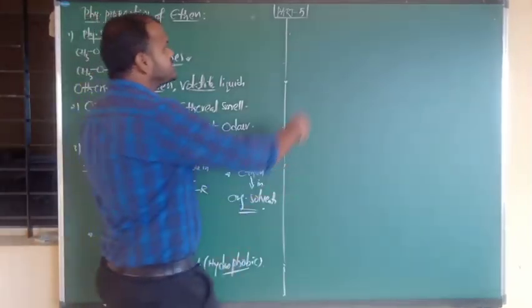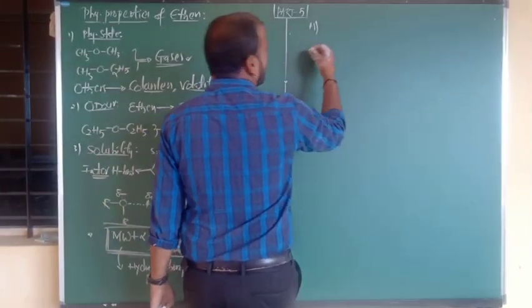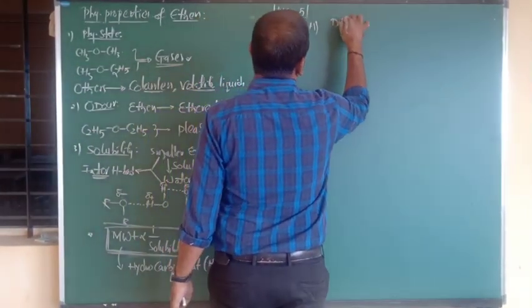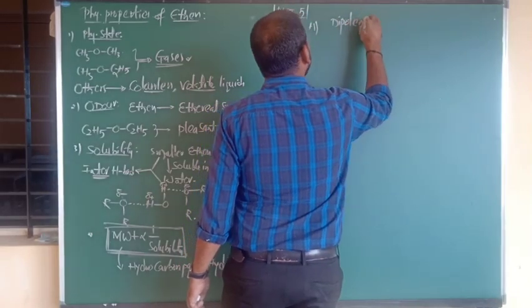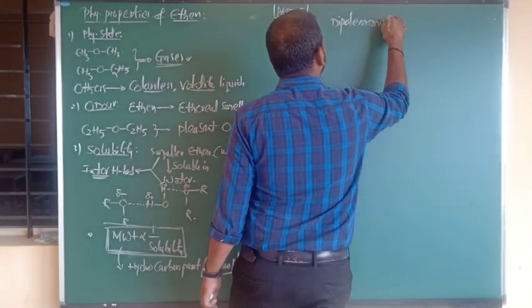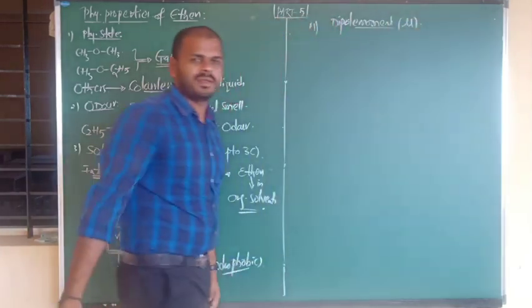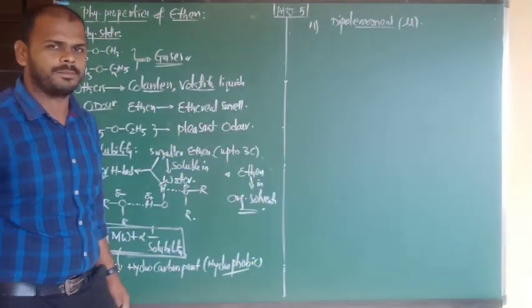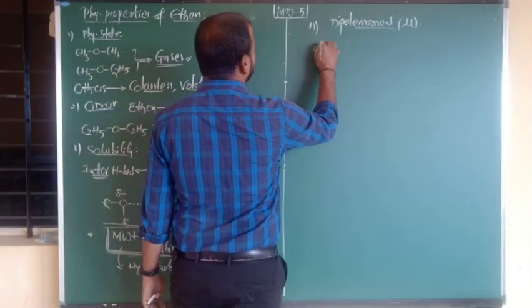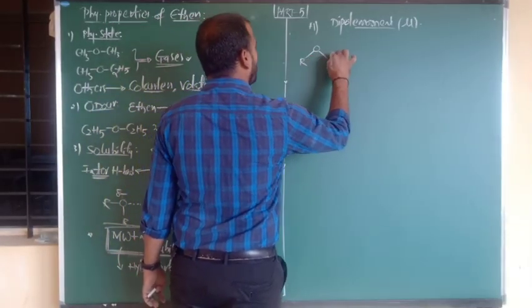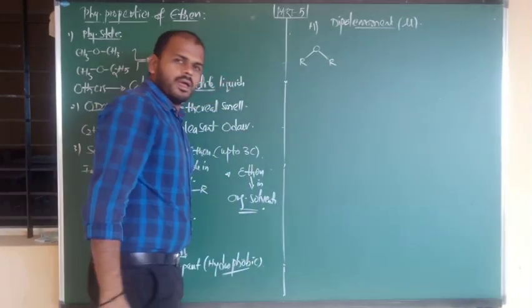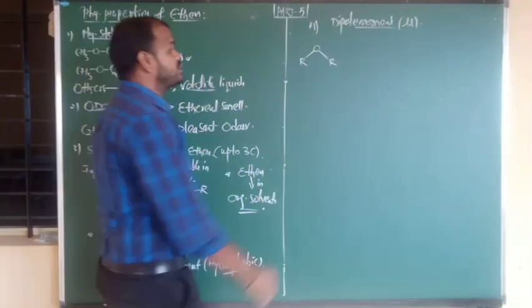Good. Our next point is about the dipole moment. Dipole moment symbol is mu. What is the formula of ether? O bonded to R, again O bonded to R. Around oxygen there will be 2 bond pairs and 2 lone pairs.